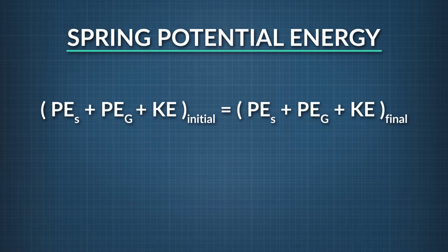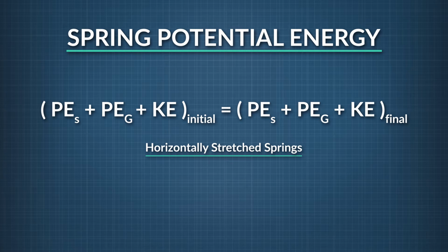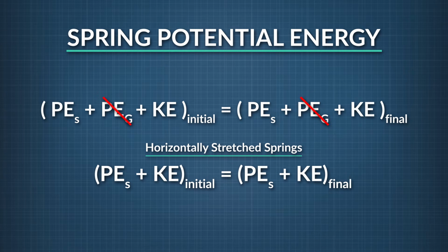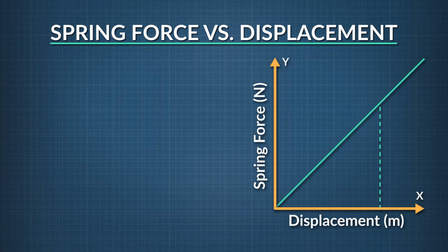For springs that are stretched or compressed horizontally, the equation looks much the same, but you can cancel out gravitational potential energy on both sides since the spring isn't moving in a vertical direction. Let's go back to the graph. If you want to know what the Pe is when the spring is stretched or compressed by a certain amount, pick a point, the displacement, on the graph and calculate the area of the triangle that it makes.